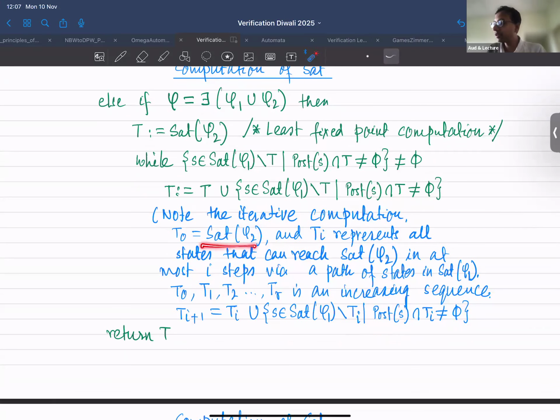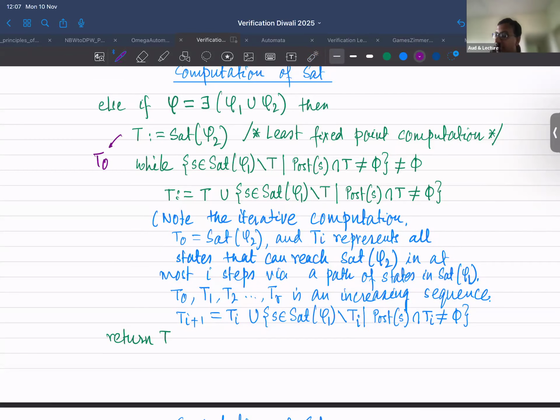So initially we have T0 is sat phi 2, and what does Ti represent? Ti here represents the states that can reach sat phi 2 in at most i steps, via a path of states in sat phi 1. Is it clear? If I start with this T0, then next I get T1, T2, like this.